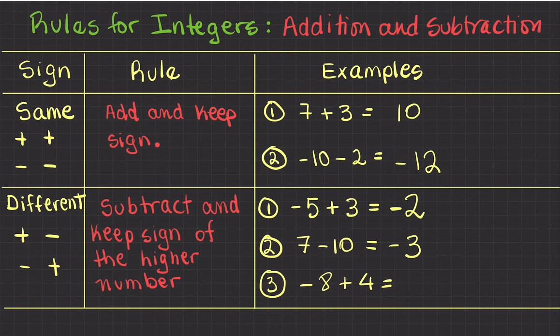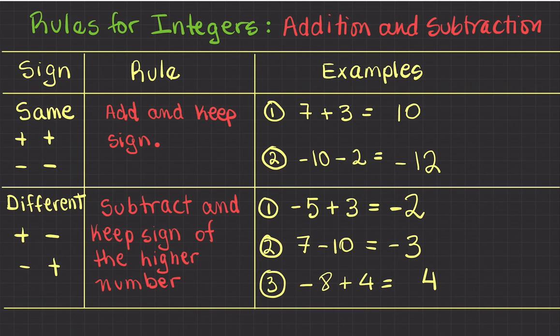Last problem, number 3. Again, I have a negative and a positive, different signs. So I'm going to subtract. The difference between 8 and 4 is 4. And I'm going to keep the sign of the higher number, which is this negative here.